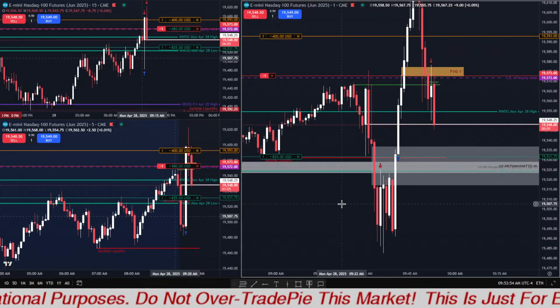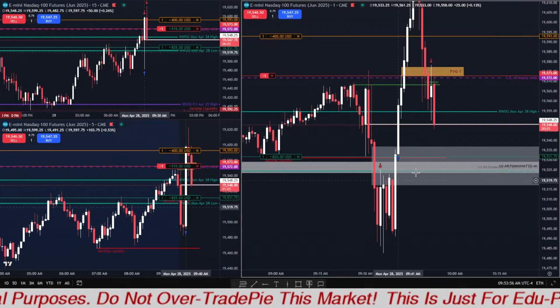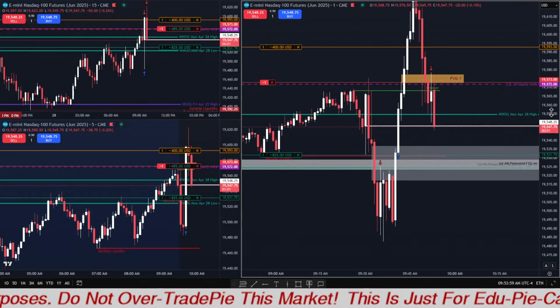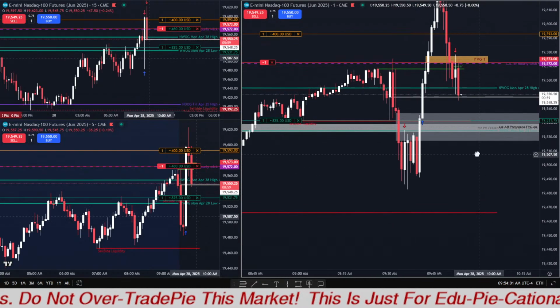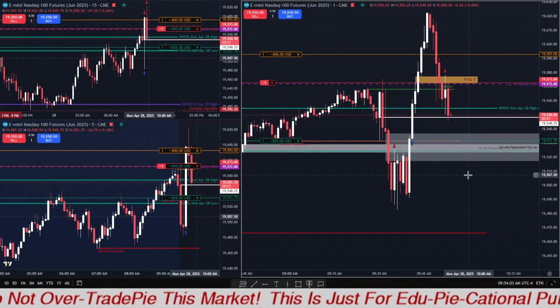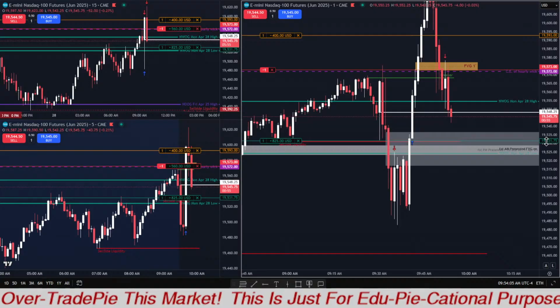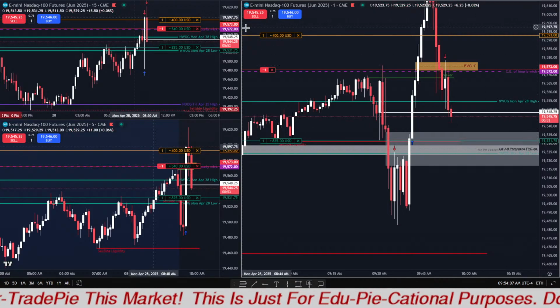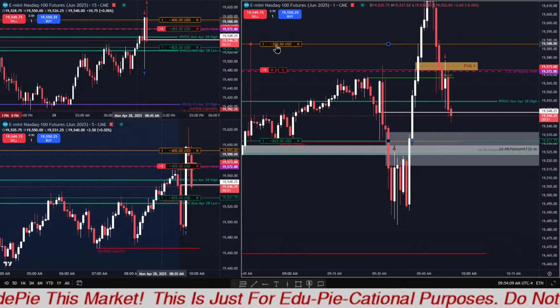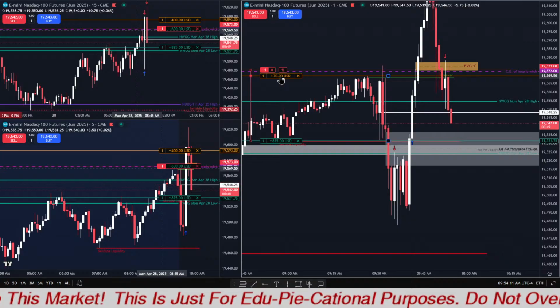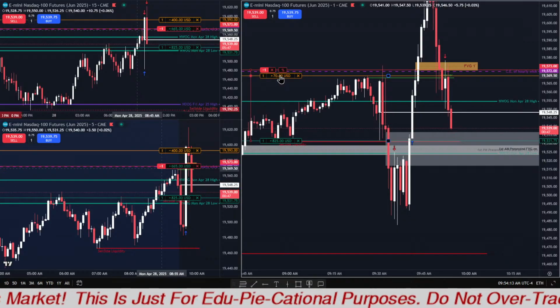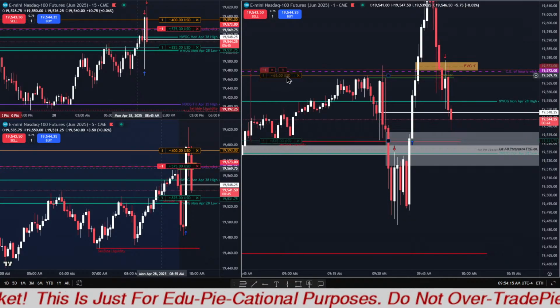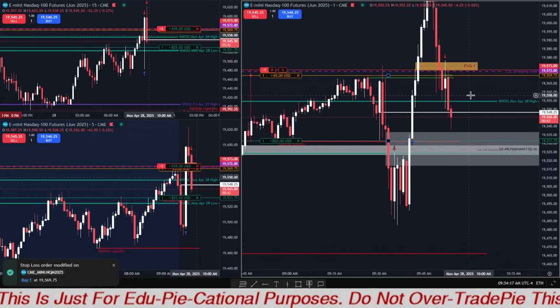Okay, touching the opening price at 9:30 once again. At this point, I would like to reduce my risk and put my stop above the breaker block high over here.